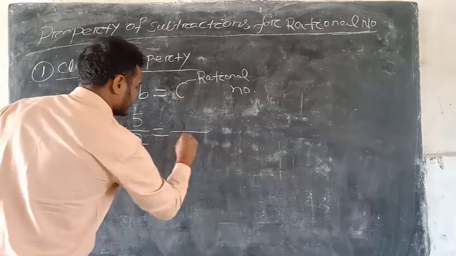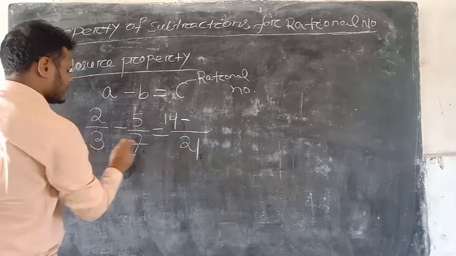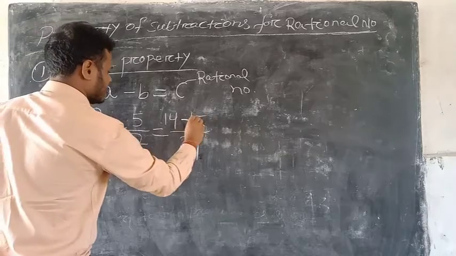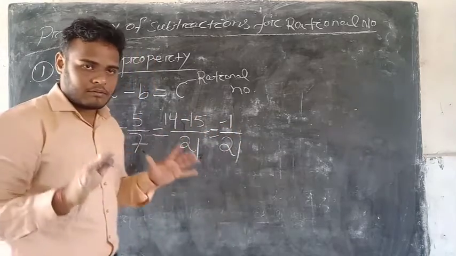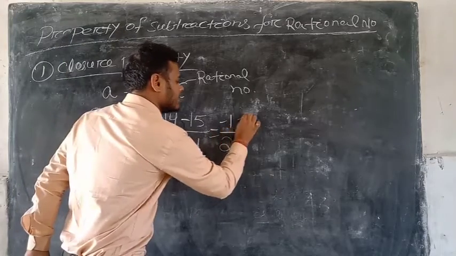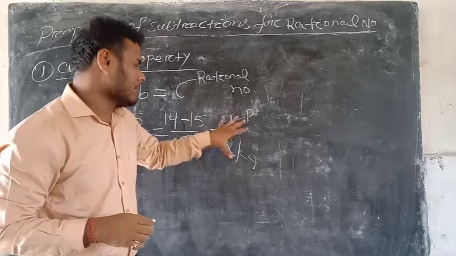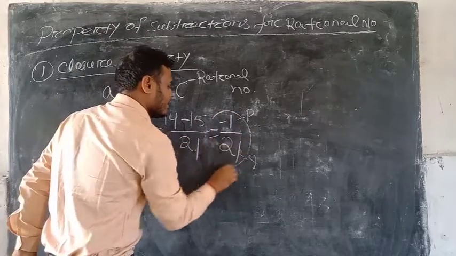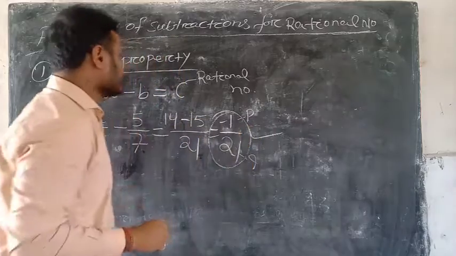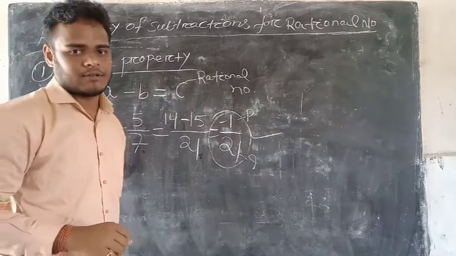The LCM of 3 and 7 is 21. 2/3 is 14/21 minus 5/7 which is 15/21, equal to minus 1/21. We know that minus 1 is the P and 21 is the Q. It is also in the form of P by Q, and Q is not equal to 0. It means this is also a rational number. Hence the closure property is satisfied for subtraction.